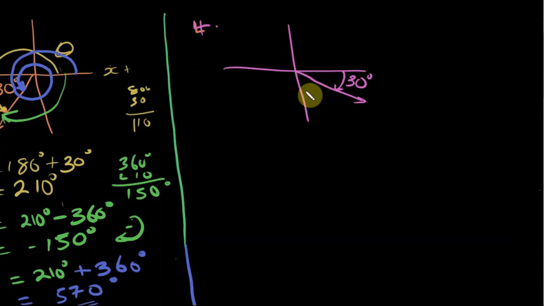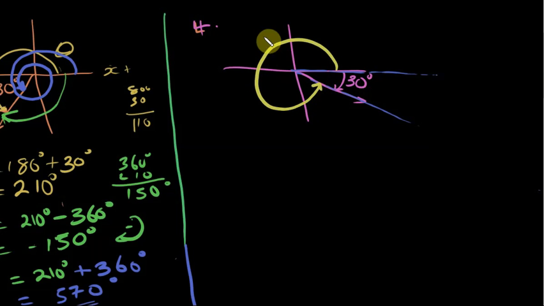30 degrees in the fourth quadrant. Okay, what is the coterminal of this angle? Alright, this is my initial side and that is my terminating side. An angle that shares those sides with 30 degrees. Well, one of those angles is this one. It terminates there.